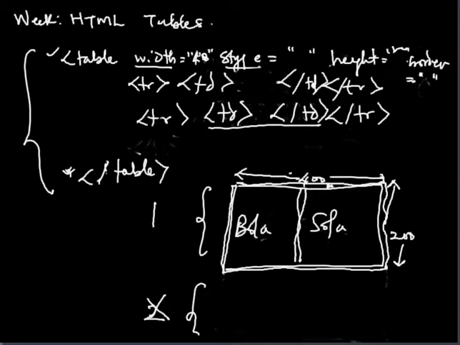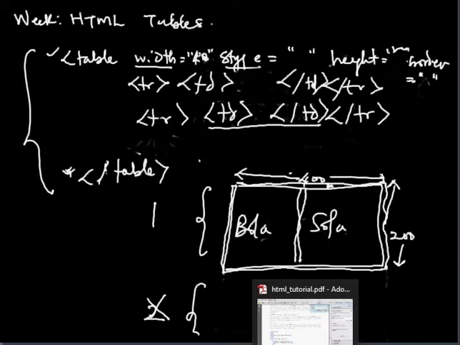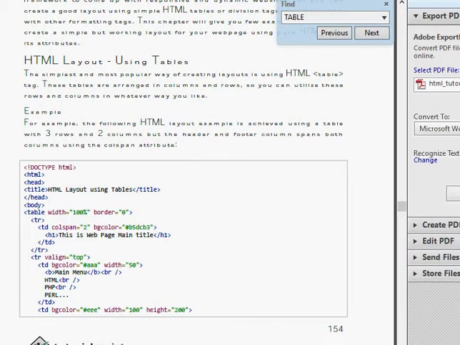So I'm just going to quickly show you a sample of a table design page, which you can note. If you look at this, one of the major ways to write a website is using a table. Can you see this?